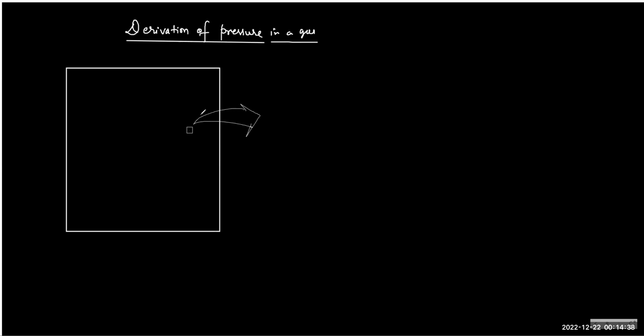The same is true for the other molecules. So some molecules do make their way far away in the container, but the majority of molecules live their life in their locality.